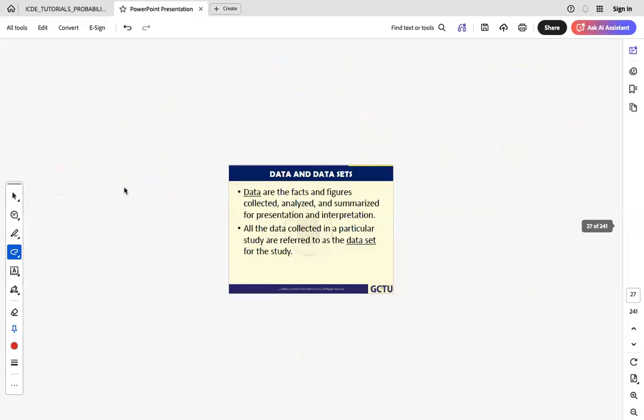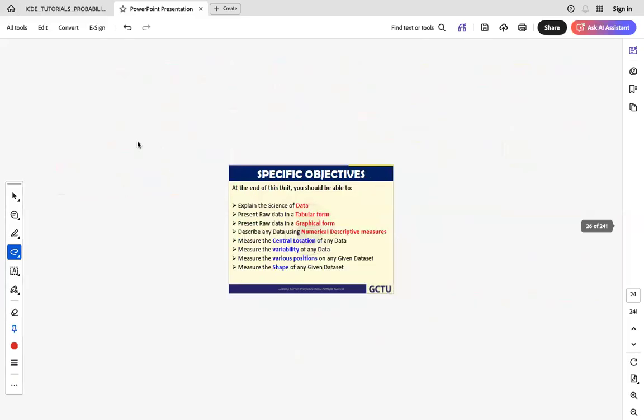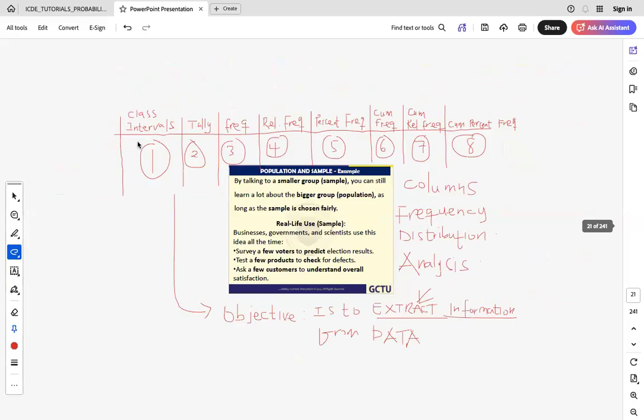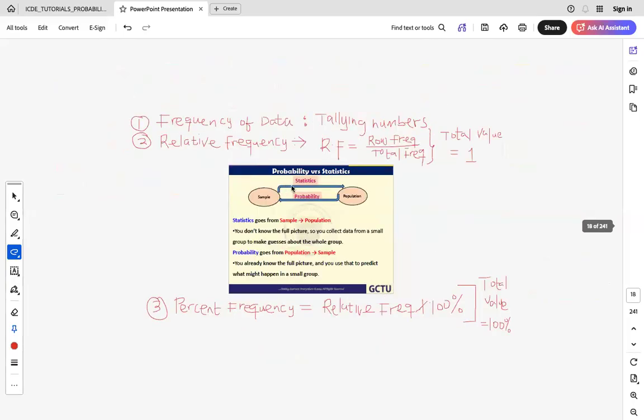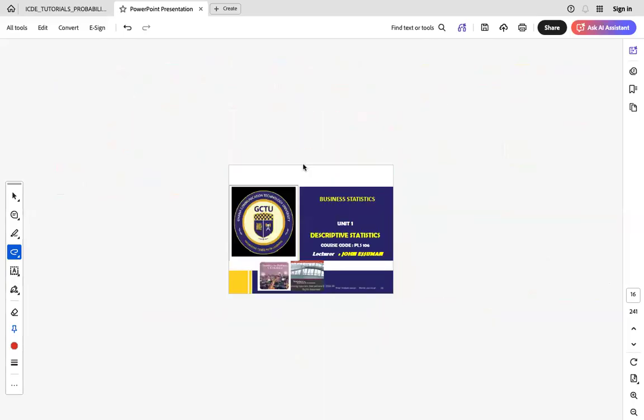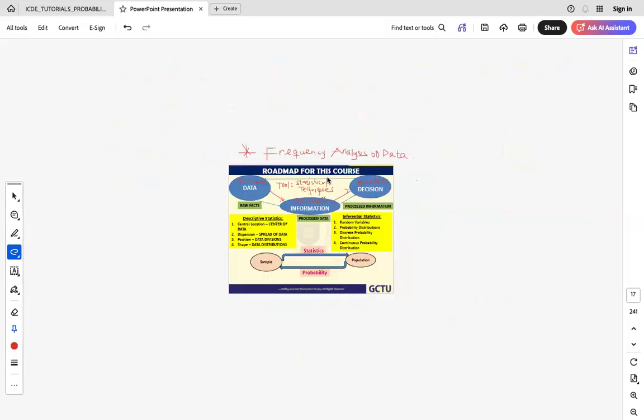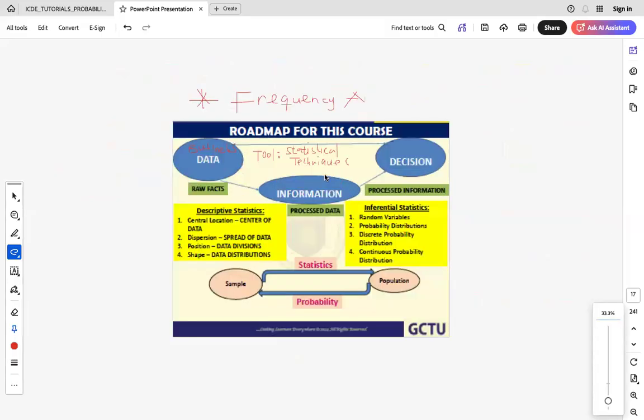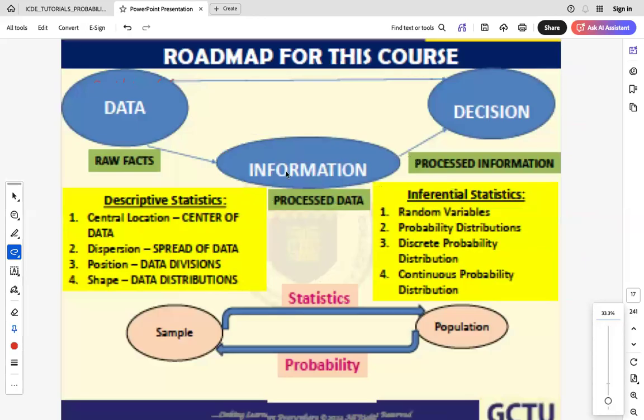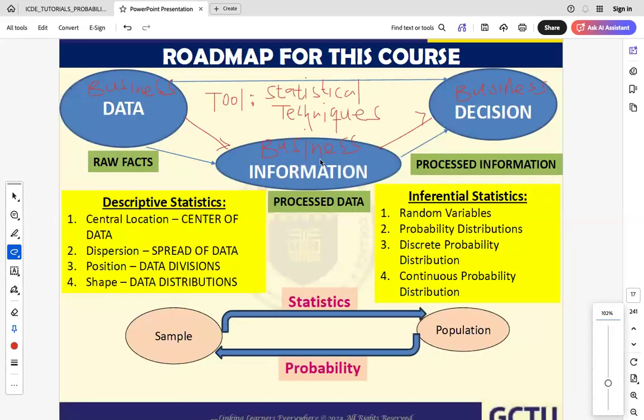They are just raw. We can't make plenty meaning out of the data. So what do we do? We need to process it to become business information. And so the table you have seen there is a business information table.